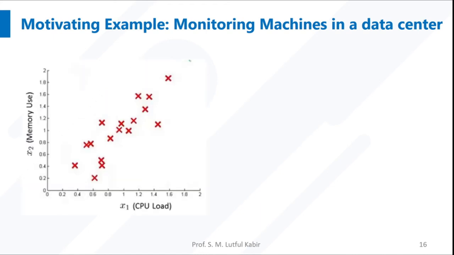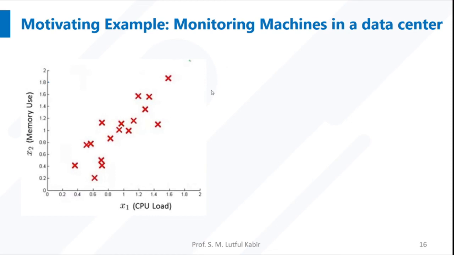For example, in case of monitoring machines in a data center, let us take two variables, CPU load and memory use. The CPU load is almost proportional to the memory use, maybe depending on the different CPU, the memory use may vary slightly. And this data represents that kind of trend.